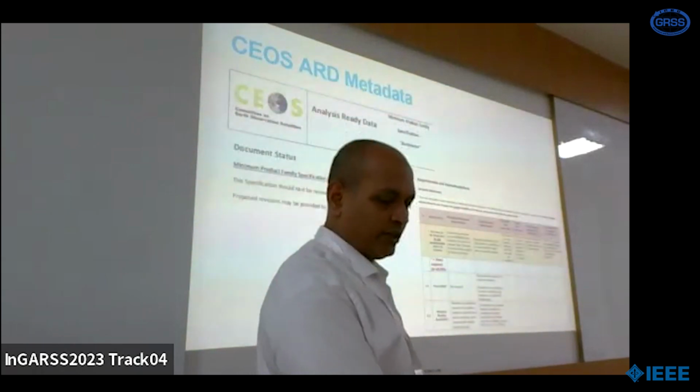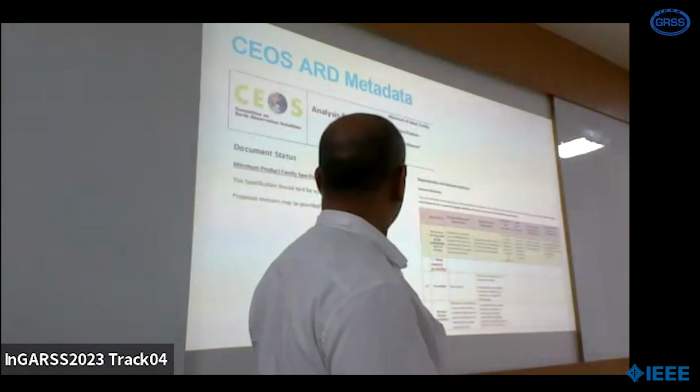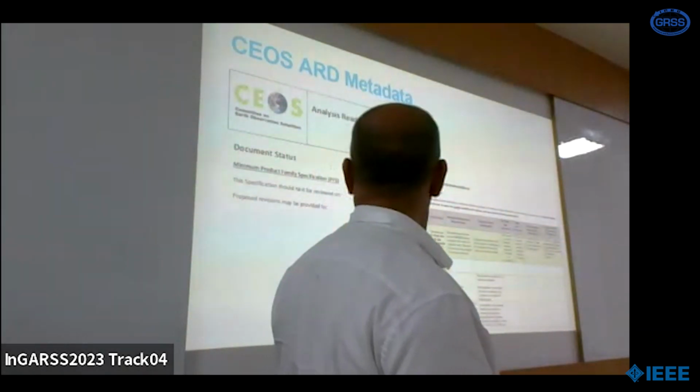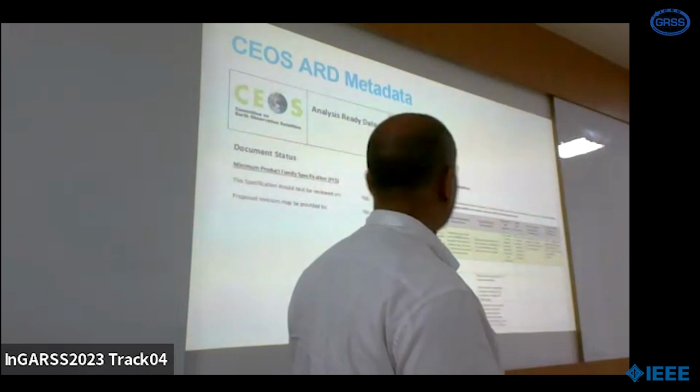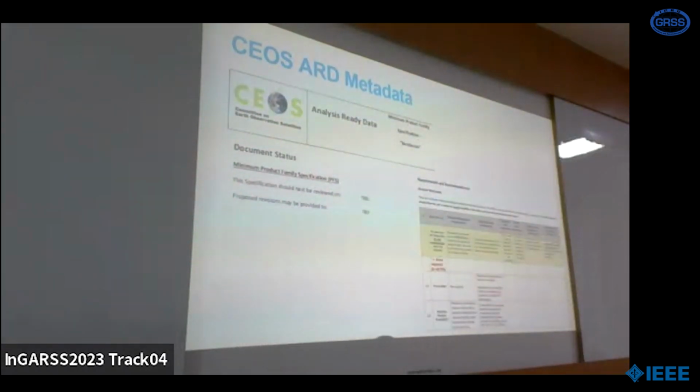Now let's go to our CEOS ARD spec. The document that I gave you, and I think even in Lipin's presentation, we discussed that there is a PFF template for self-assessment of the metadata for an ARD.